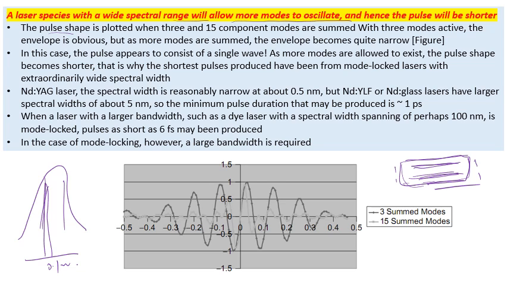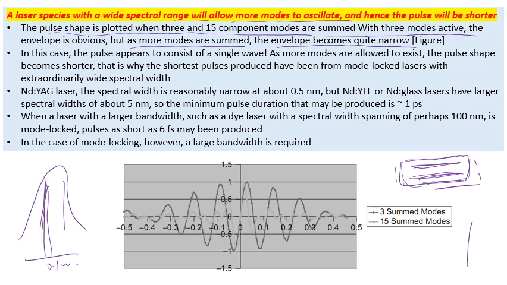It says the pulse shape is plotted when there are 15 component modes. Fifteen different component modes are summed, compared with 3 modes active in the last diagram. When more modes are summed, the envelope becomes quite narrow.